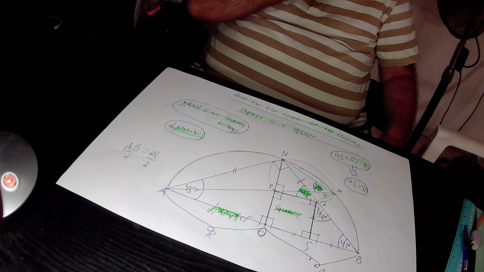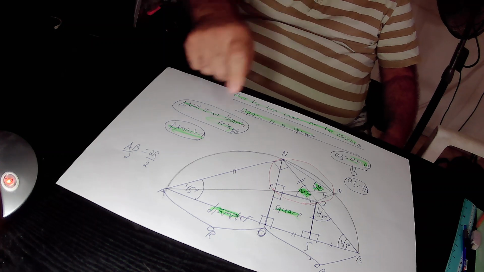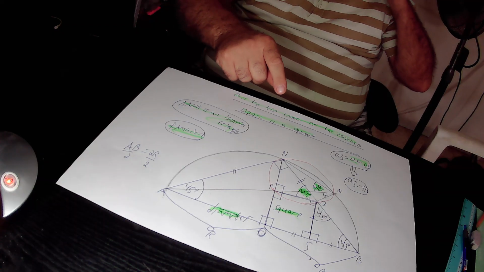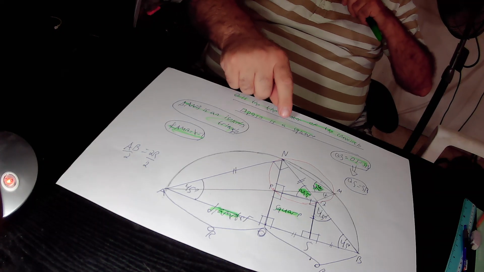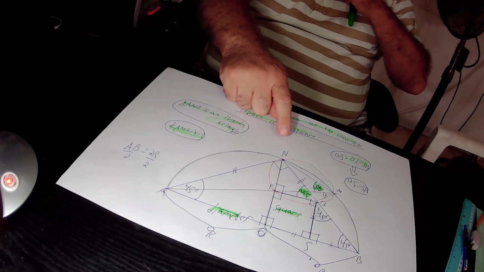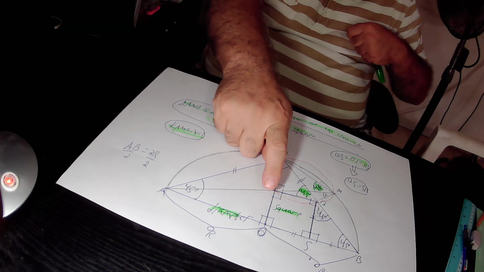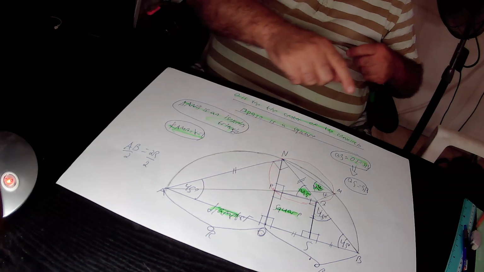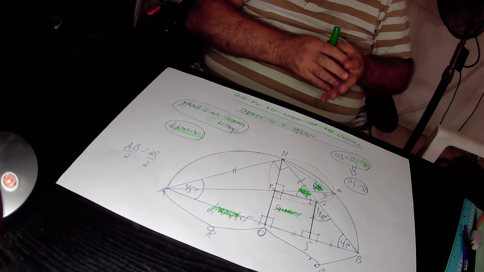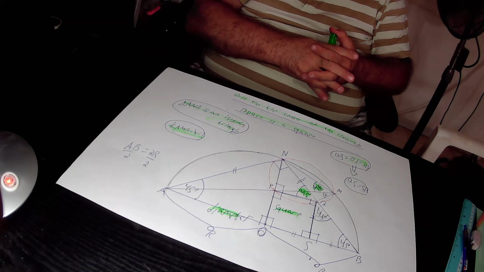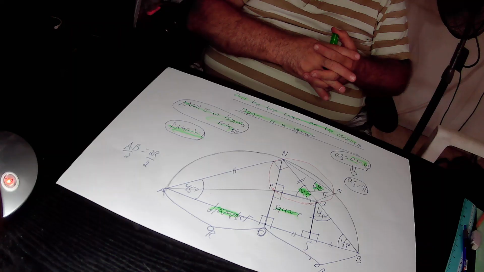And because the diameter AB has been bisected into two halves, the perpendicular from point N will touch the diameter AB at its midpoint. And we know that the midpoint of any diameter is located at the center of the circle or semicircle.